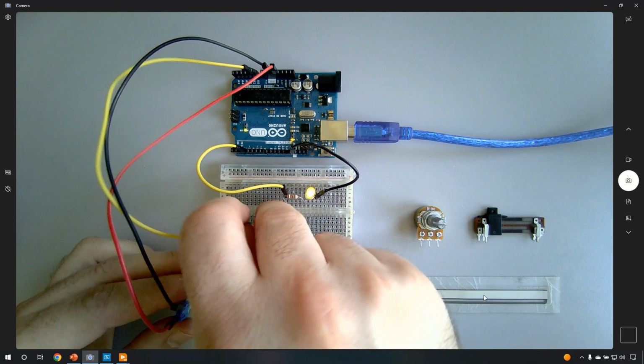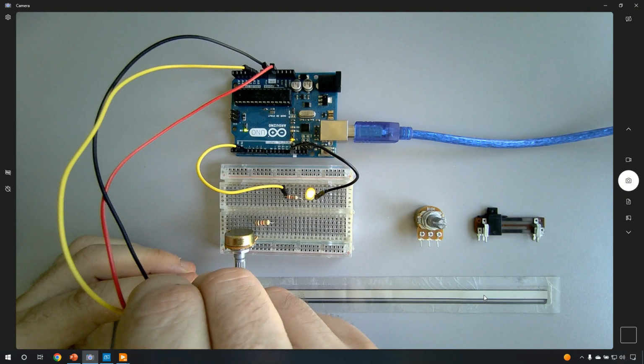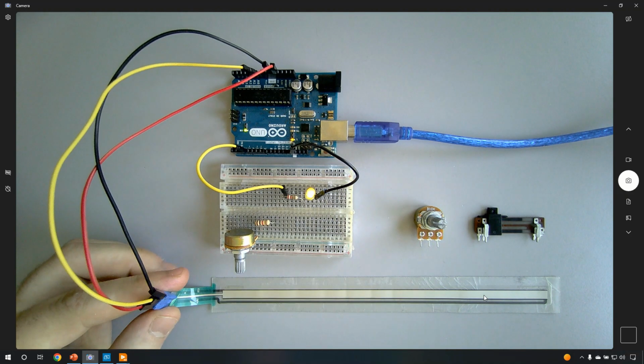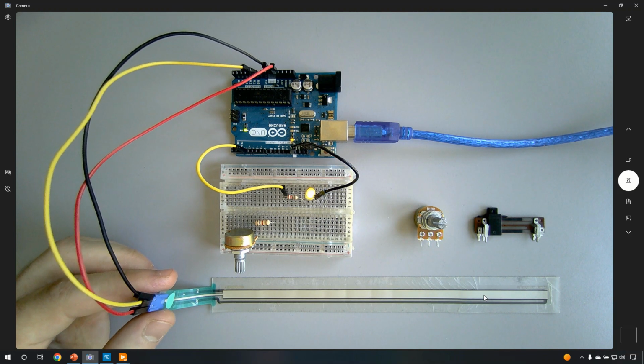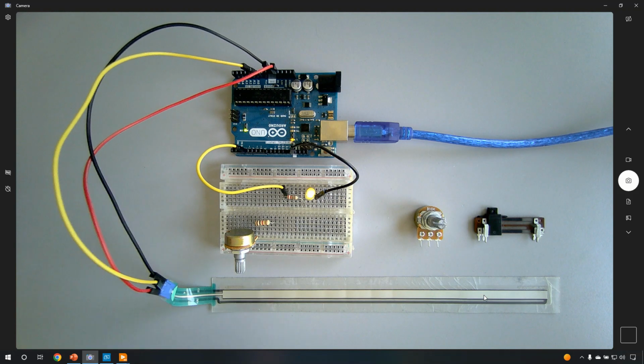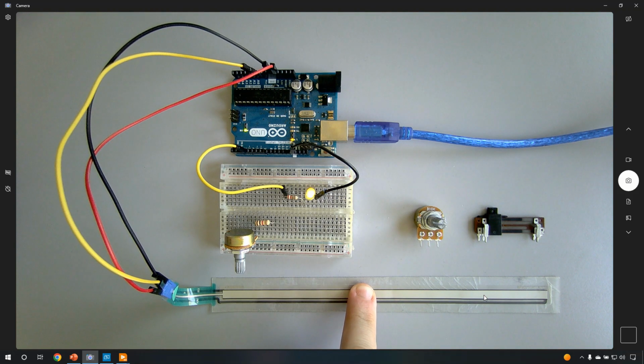Then to the middle terminal, we are going to connect the input signal. This brings us back to case 1, where we explained a voltage divider as 2 resistors in series. Now if I place my finger on one point right here, I will have one strip on the right hand side and another on the left hand side. It's as if I have a voltage divider circuit with 2 resistors in series.